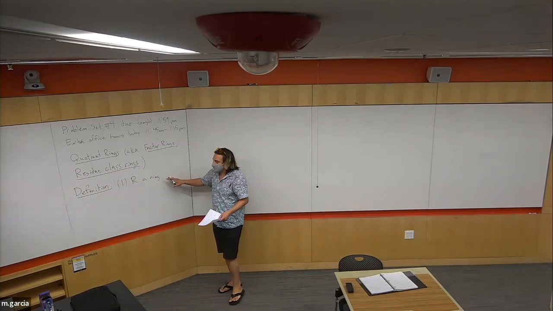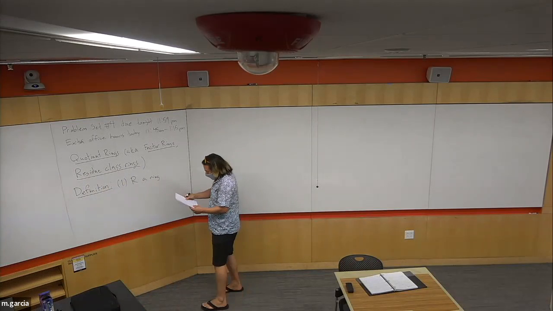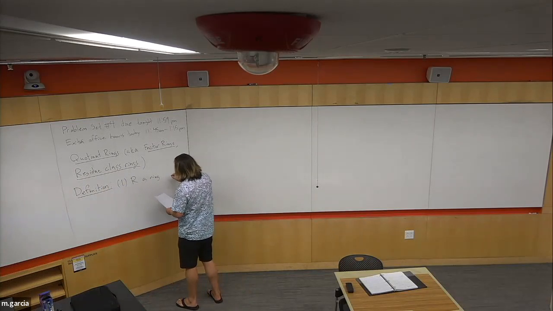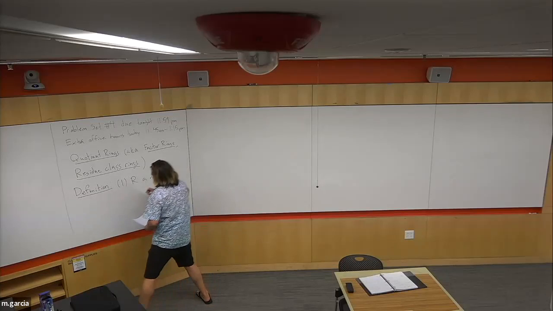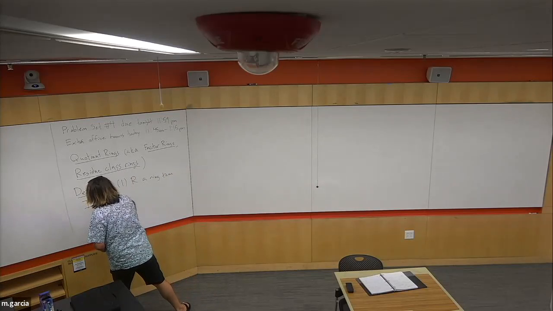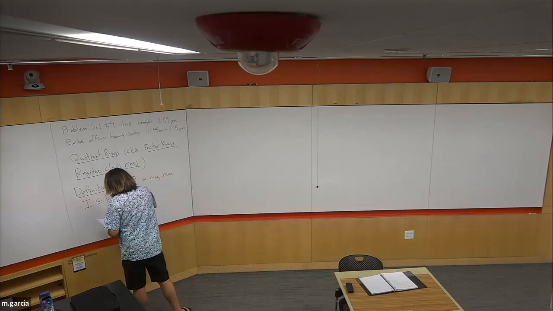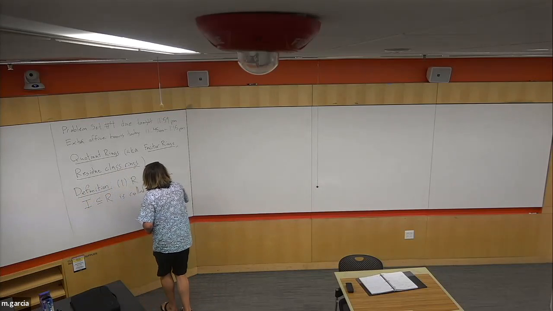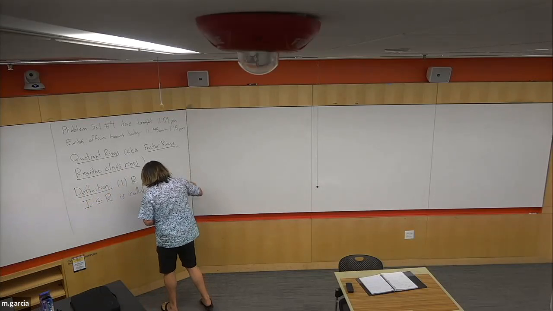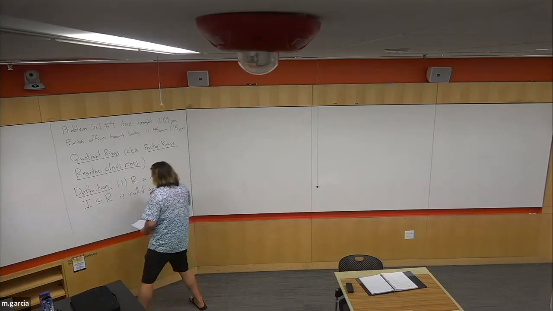We're just using ring like we have in our discussion so far. It's a commutative ring with a unit 1. So R a ring. Then I, a subset of R, is called an ideal if two things.